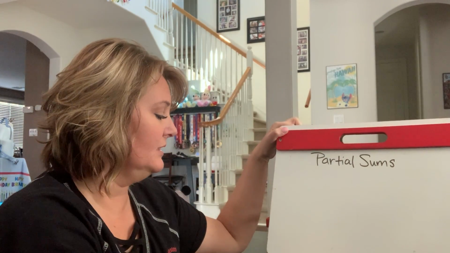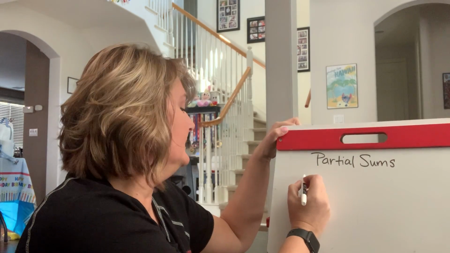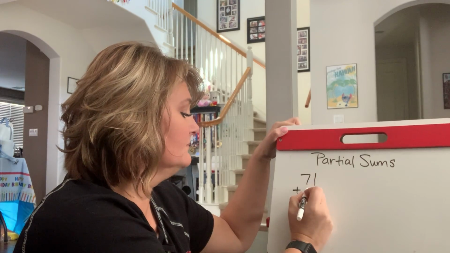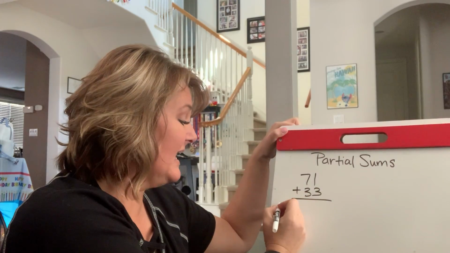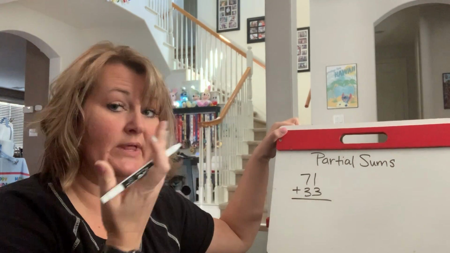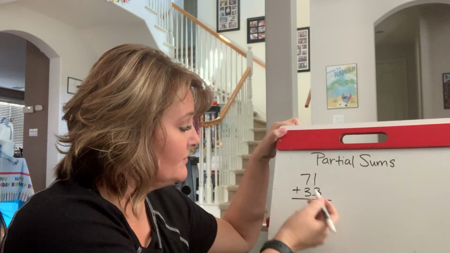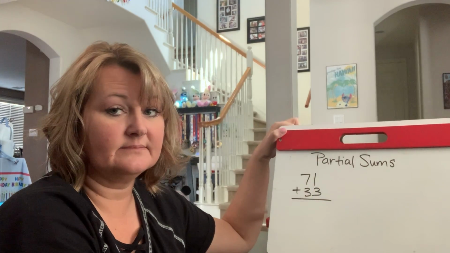And I'm gonna actually go to smaller numbers here. Let's say you're doing this with 71 plus 33. I'm not gonna put the hundreds, the tens, and the ones this time because I know that's what I am doing. So I've got no hundreds, okay, so my tens, I have 70 and I have 30.